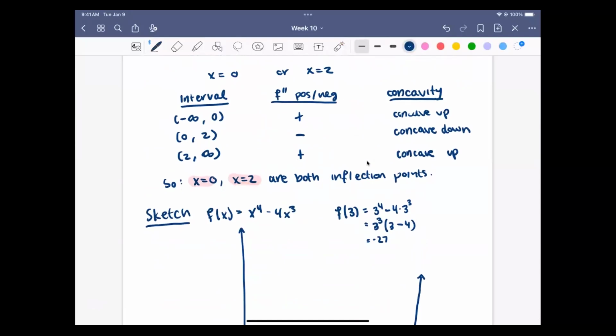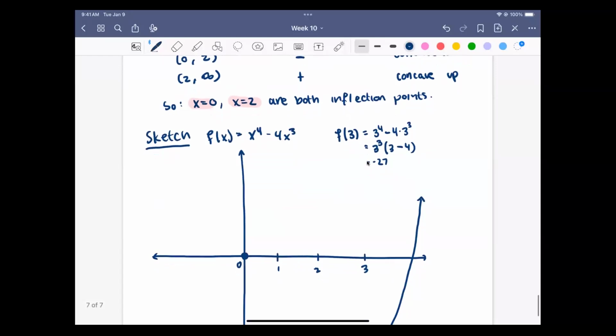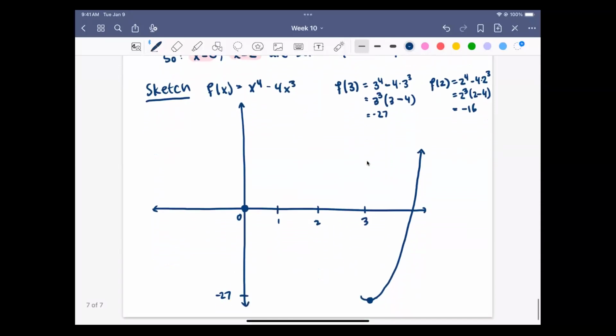So I'll also compute f of 2 and plot that number. So this is going to be 2 to the 4th minus 4 times 2 cubed. Or 2 cubed times 2 minus 4. So this is minus 16. Okay, so it's going to be somewhere like that.